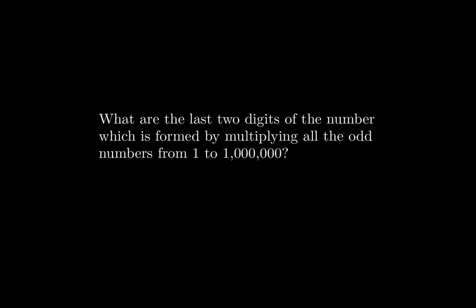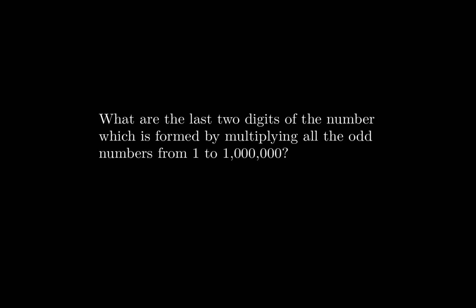Okay, so first thing that comes to my mind is it should be pretty easy to figure out what the last digit is, because I'm sure we'll probably enter into some kind of pattern. But the last two digits, again, there might be a pattern again.